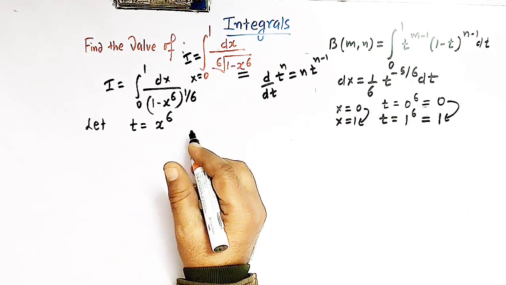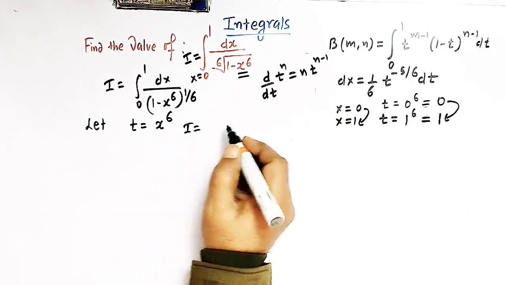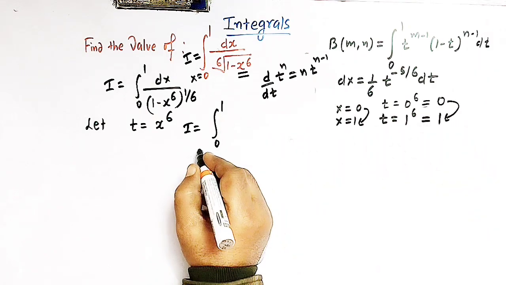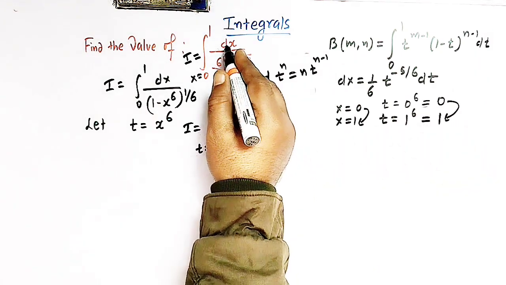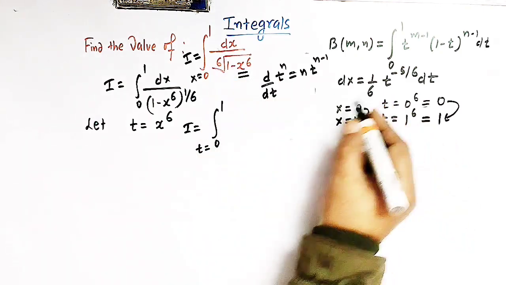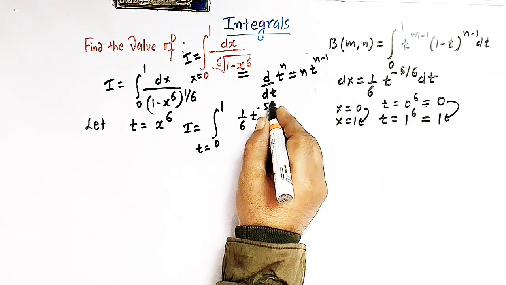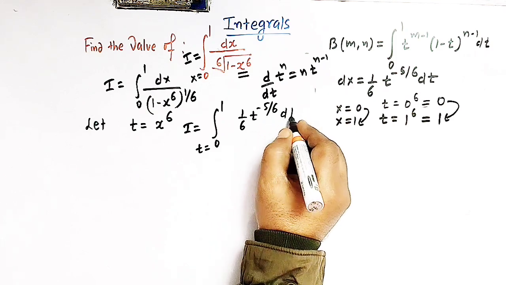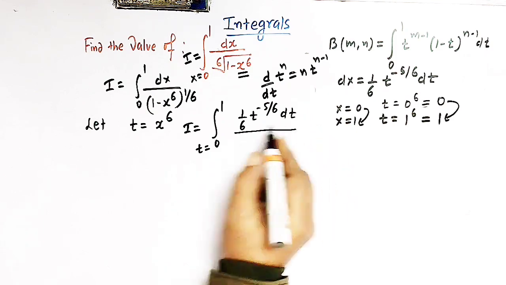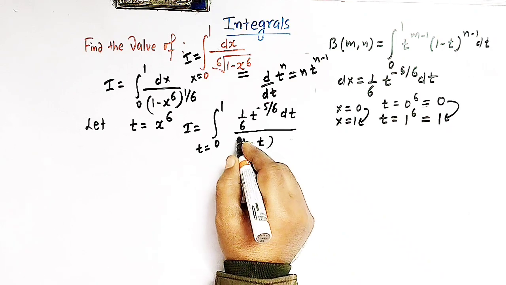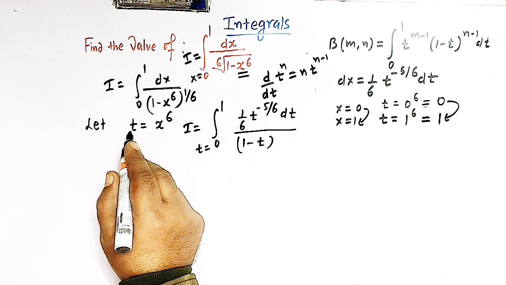So we can now write I is equal to integral from 0 to 1, because the limits remain the same, and for dx we can write 1 over 6 t raised to minus 5 over 6 dt, and in the denominator we have 1 minus t, because x raised to 6 is t.